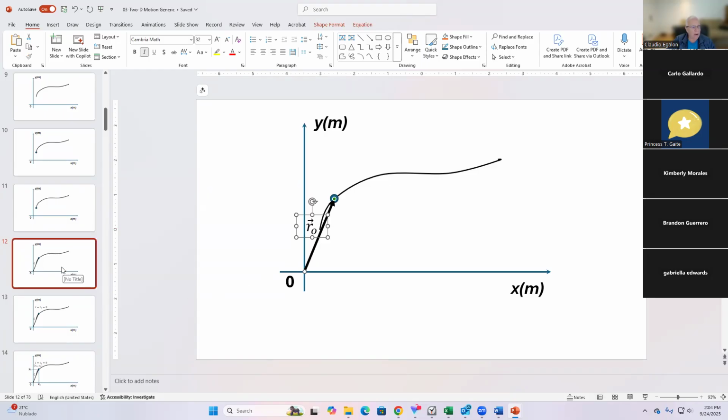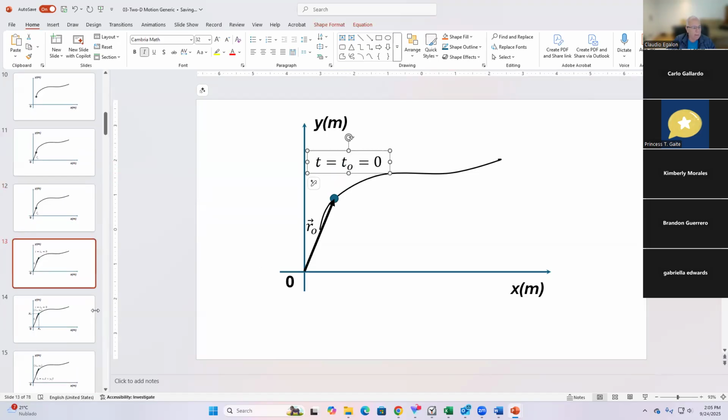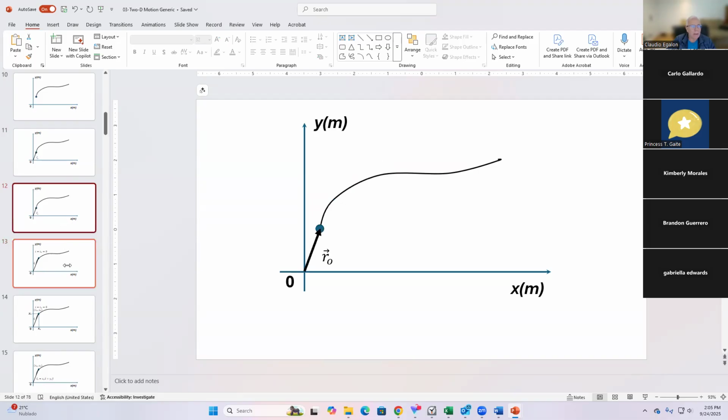I'm going to draw my vector position, the initial position. And as time goes by, this vector position keeps on changing. And I'm going to label here my instant of time t equal to t naught, equal to 0.